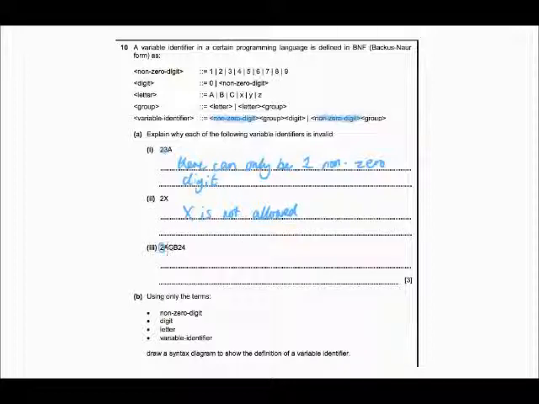Final one, yes, we've got a non-zero digit, that's okay. Then we have a group of letters A, C and B, and then we have 2 non-zero digits, a 2 and a 4. Should I put a tick there? No, because we're only allowed one digit or no digit.